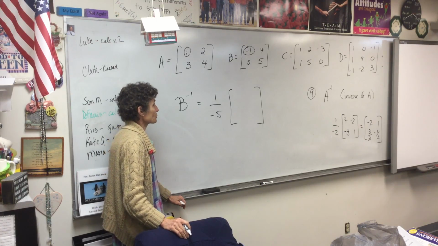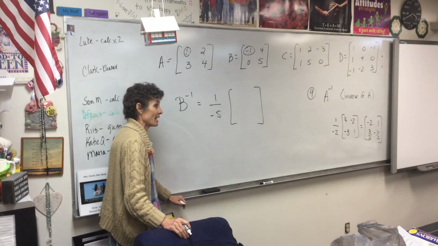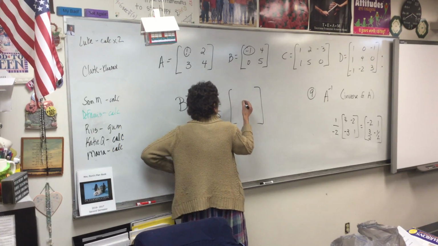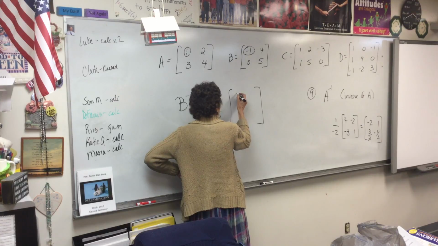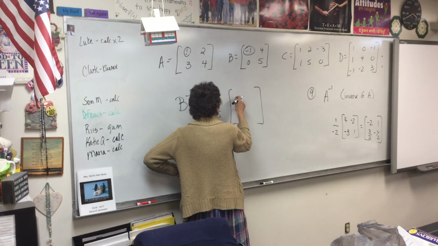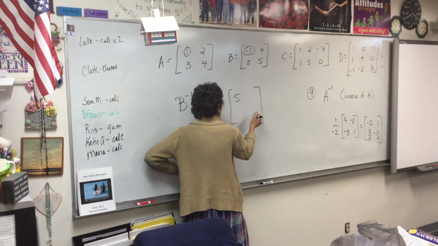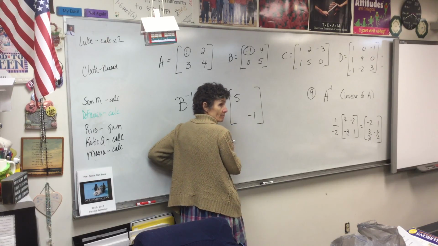All right, so you got a determinant of negative 5, so we have negative 1/5. What's this new matrix look like? What's here? Negative 1. No. What's here? Positive 1. 5. This is 5, this is negative 1.